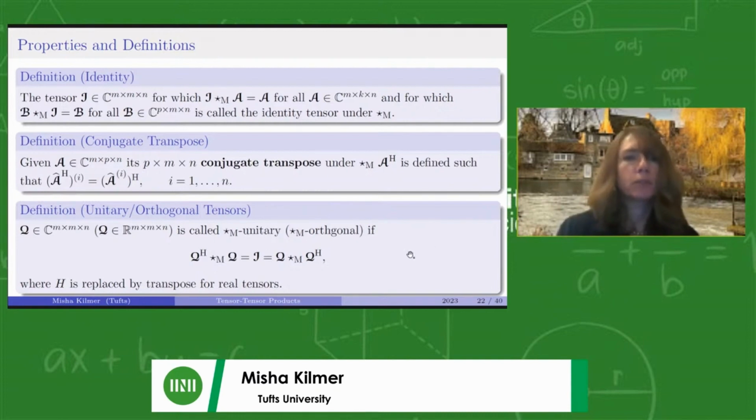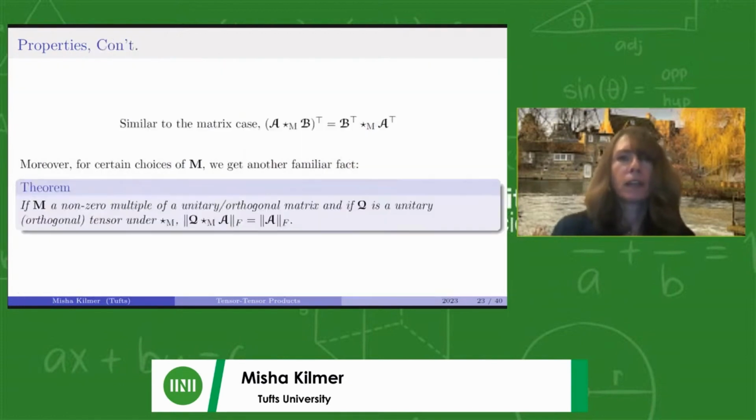And I have a notion of what it means for a tensor to be unitary or orthogonal under the star M operation as well. Another familiar fact, which is also very nice: you're used to saying if I have two matrices A and B and multiply them and take the transpose, it's the product of the transposes in reverse order. I get that here under the star M product as well.